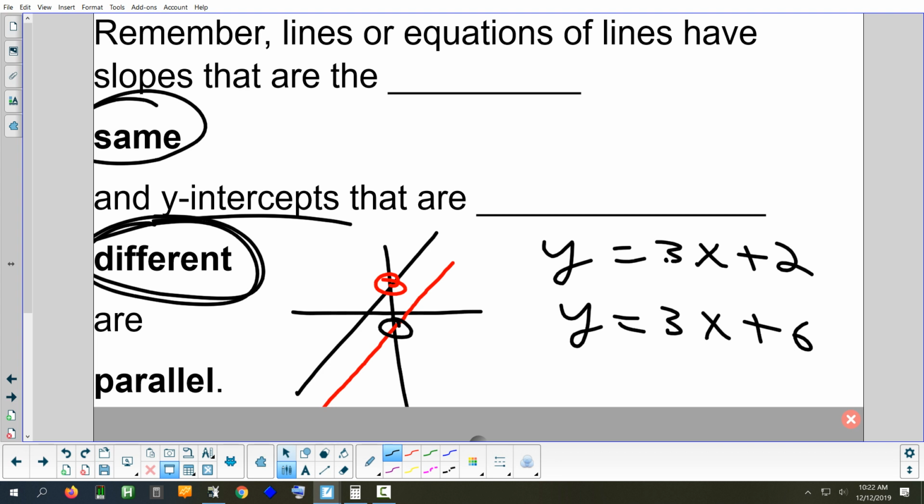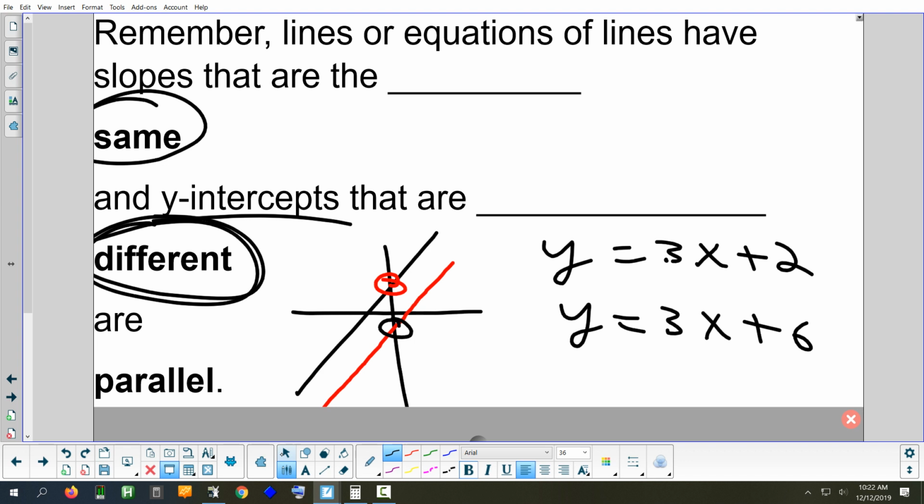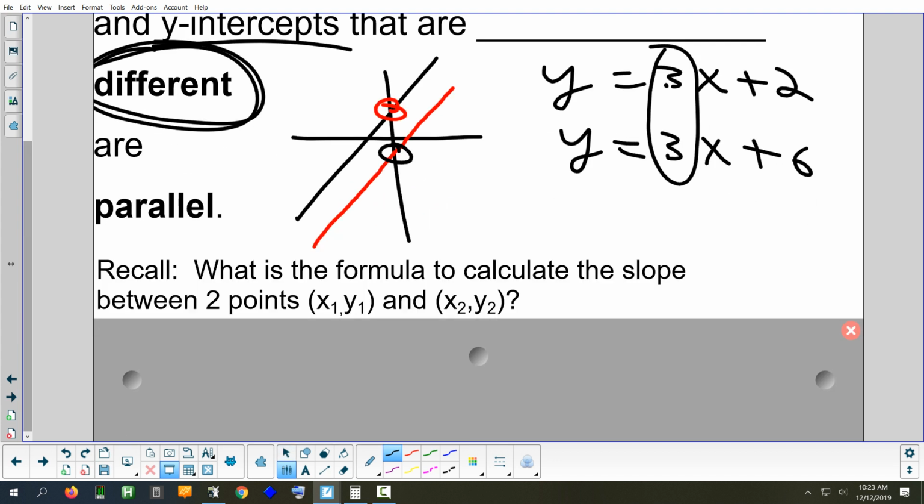Same slope, different y-intercept. Now, did she have to pick 6? No, she could have said 7, 8, -4. Did she have to say 3? Yes. She had to keep these the same. If she messed those up, then they wouldn't be parallel, they would cross. Right? So just reminding you guys what parallel means.